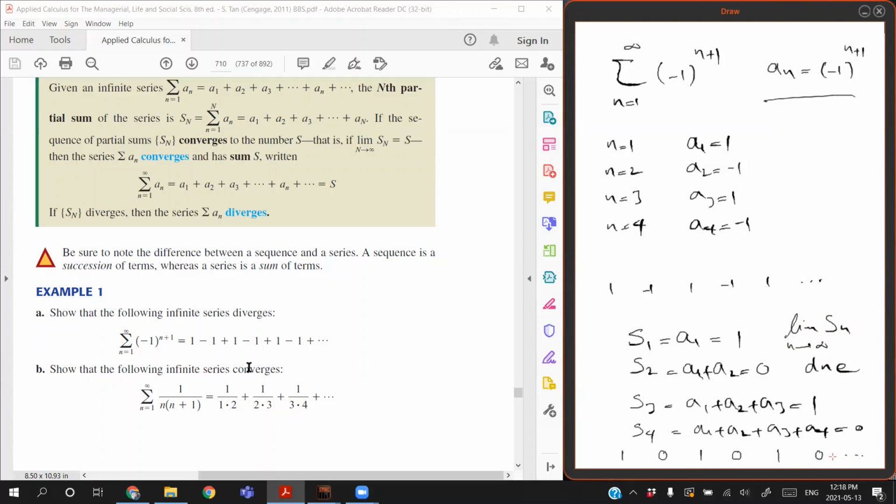There is no approaching here. The values just alternate between 1 and 0, 1 and 0. So this means that this limit here does not approach any finite number, thus it does not exist. And if this limit does not exist, this means that this series that we began with over here is divergent.